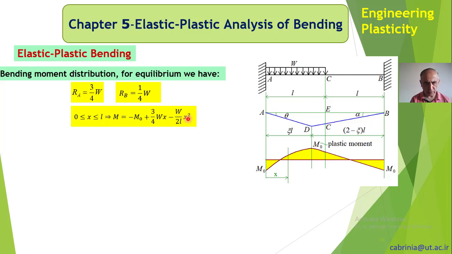I should make a correction here. There is a 2 underneath in the denominator, because W divided by L gives the load per unit length, times X gives the load up to point X. Now when we want to take moment, we should multiply it by X over 2.